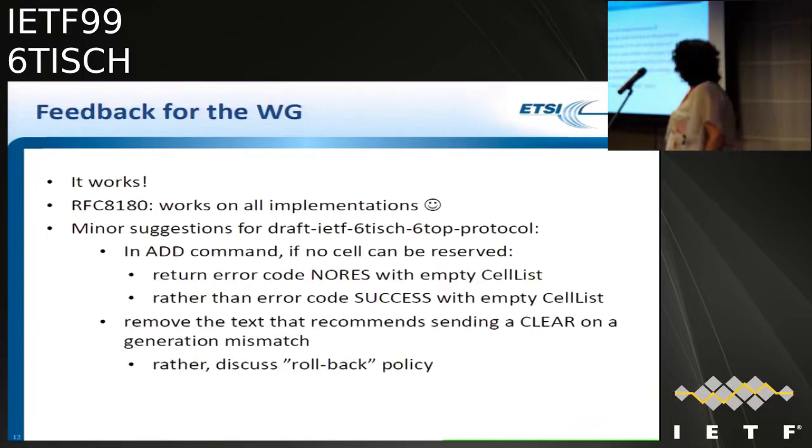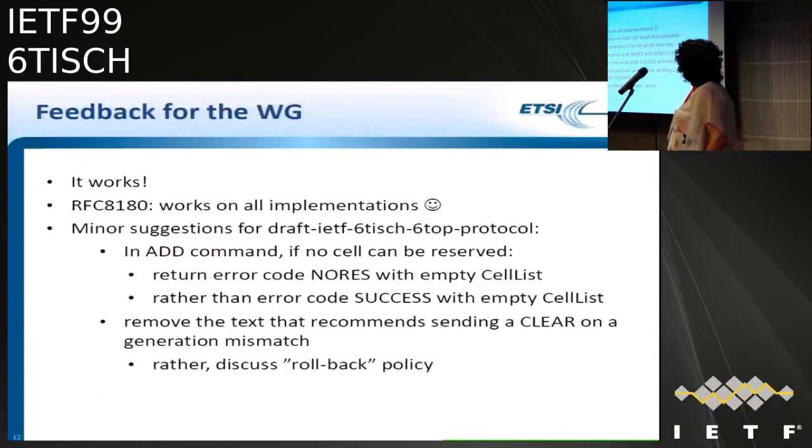a great success. We had a very high percentage of successful tests, in particular for the minimal draft, now RFC 8180, all the implementations were working well. And then for 6P, we had the chance to identify little details that it would be better to fix in the next draft.